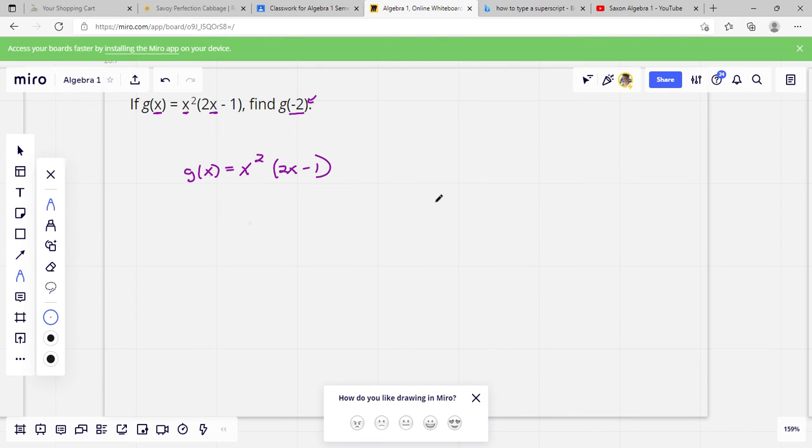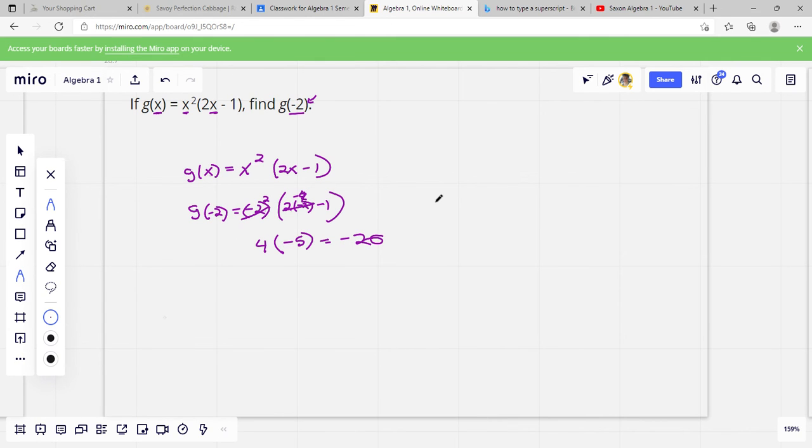So we're going to say g of negative 2 equals negative 2 squared times 2 times negative 2 minus 1. Alright, negative 2 squared would be negative 2 times negative 2, which would be positive 4. And then 2 times negative 2 would be negative 4, negative 4 minus 1, that would be negative 5. Times 4 is negative 20. It's the exact same equation we used before, just function notation instead.